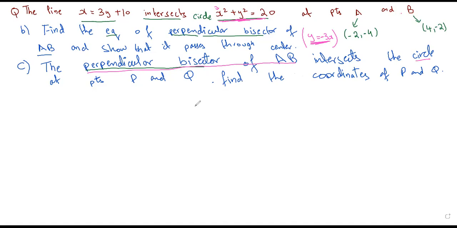The equation of this perpendicular bisector is y equals minus 3x. This is what we calculated in the previous part. And the equation of circle is x square plus y square equals 20. So just like the first part where we had to find the points of intersection of this line and this circle, and so we solve them simultaneously, this time we will solve these two equations simultaneously and find their answers.